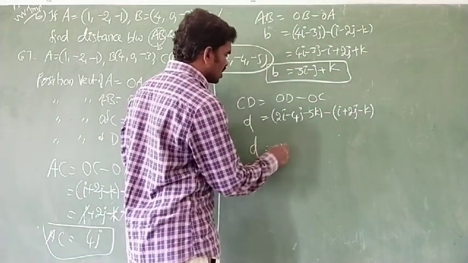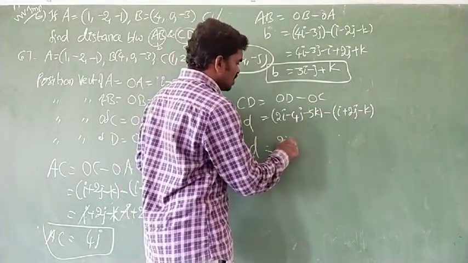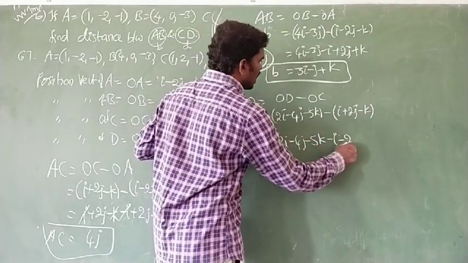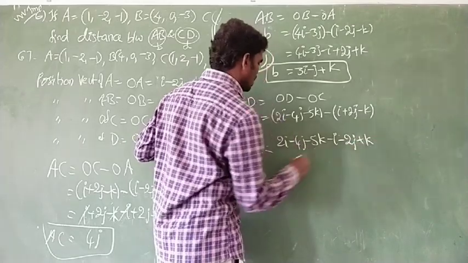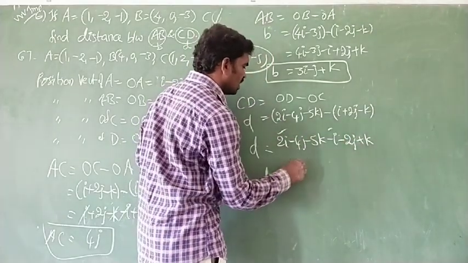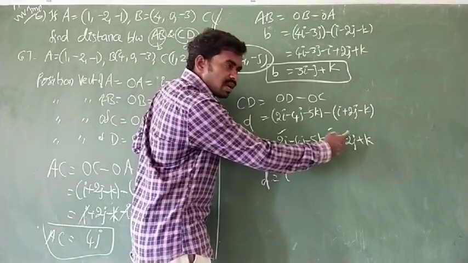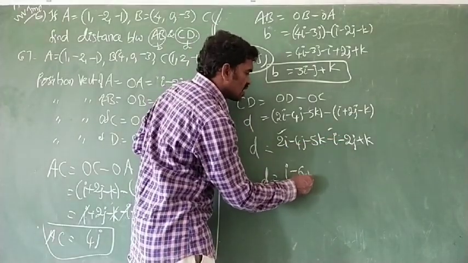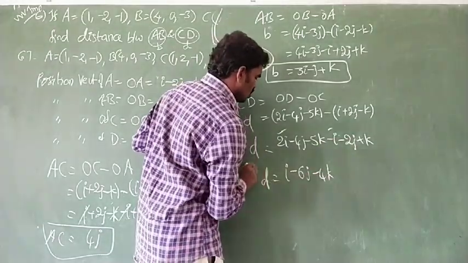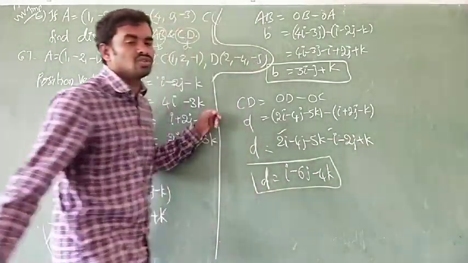I think you understand, you can do it easily. 2i minus 4j minus 5k minus i minus 2j plus k. Here 2i and minus 1i becomes 1i. j terms: minus 4j minus 2j becomes minus 6j. k terms: minus 5k plus k is minus 4k. So we got the d terms also.